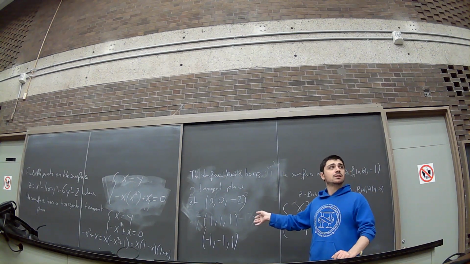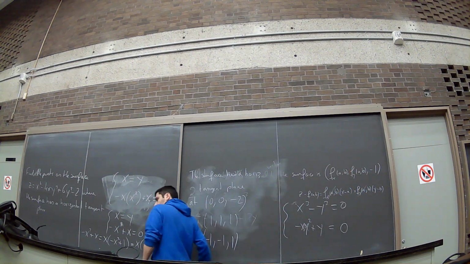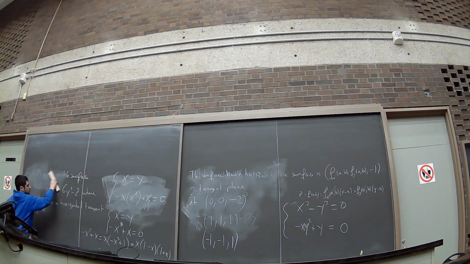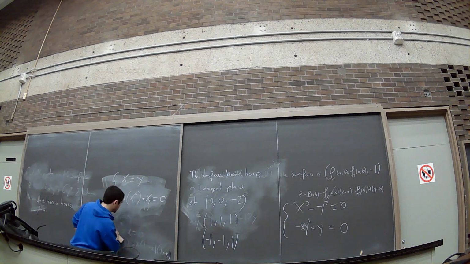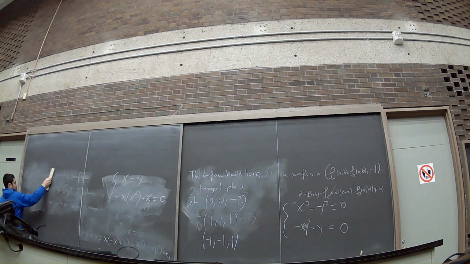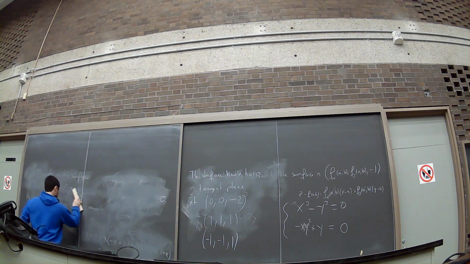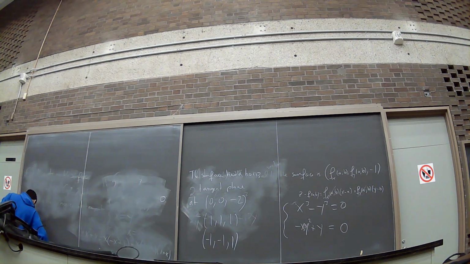Are we good here? Okay, so let's continue with the examples of the chain rule. By the way, did you see we saw implicit differentiation in calculus 1, right? Great. Tomorrow we'll continue with this.